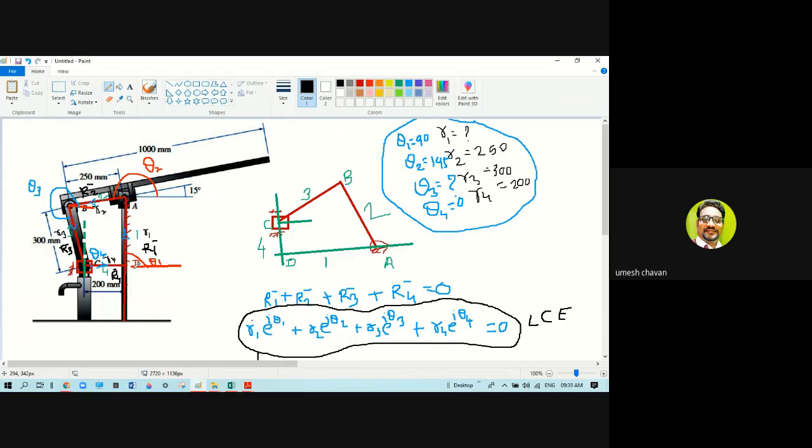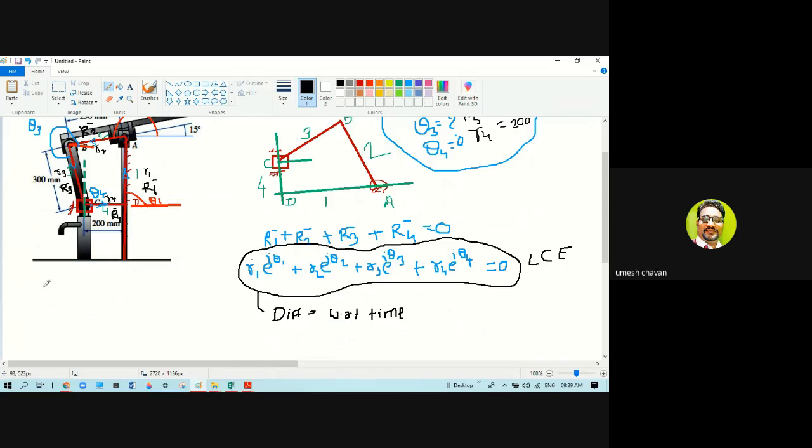So in this case, while you take the differentiation, d theta 1 by dt is 0, d theta 2 by dt is omega 2, d theta 3 by dt is omega 3, and d theta 4 by dt is 0.